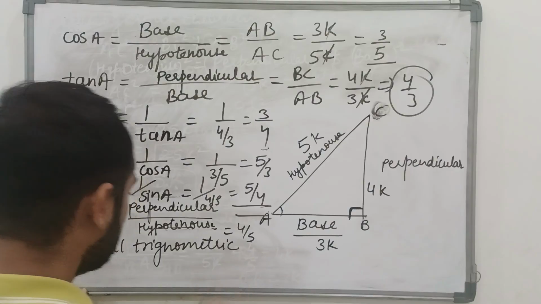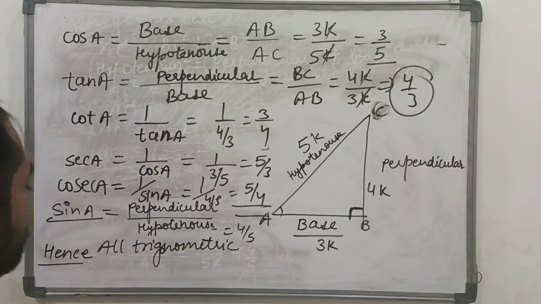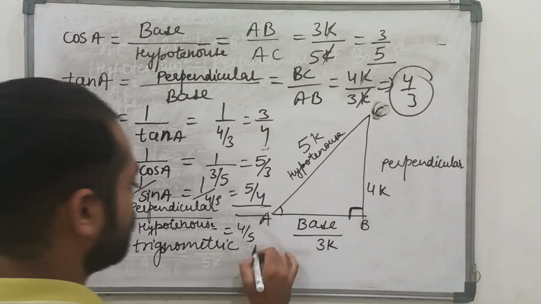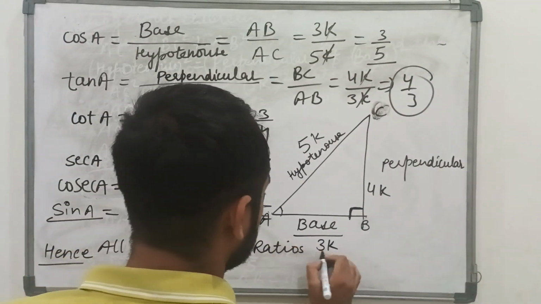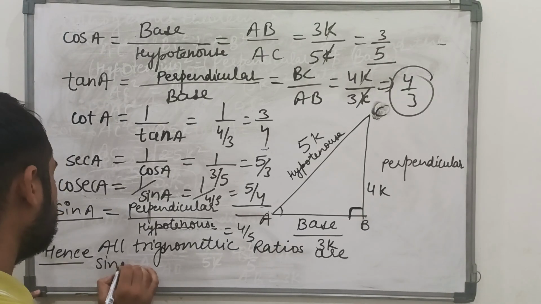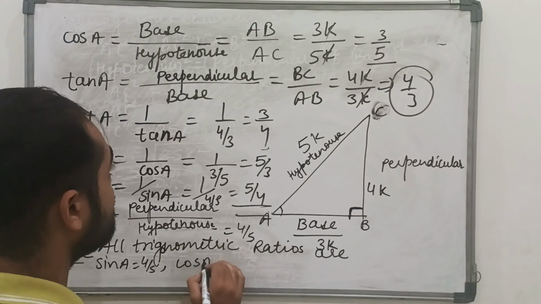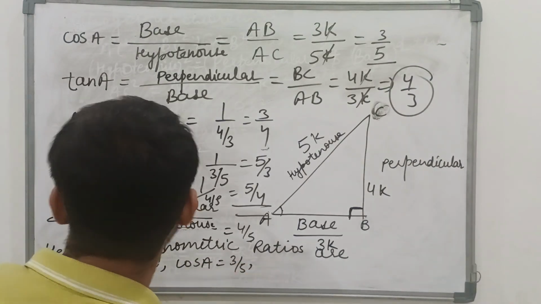Sorry, I had forgotten. Trigonometric ratios are: first, sine A is equal to 4 by 5, comma. Second, cos A is equal to 3 by 5, comma.